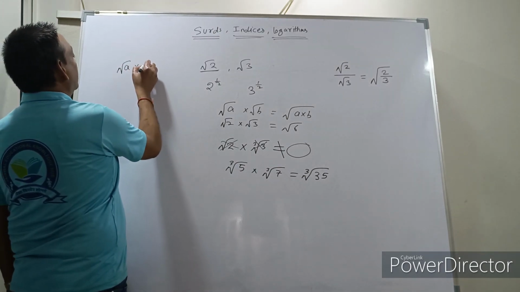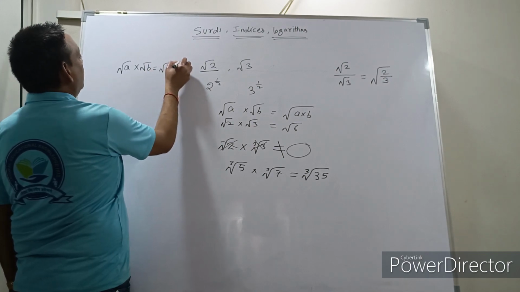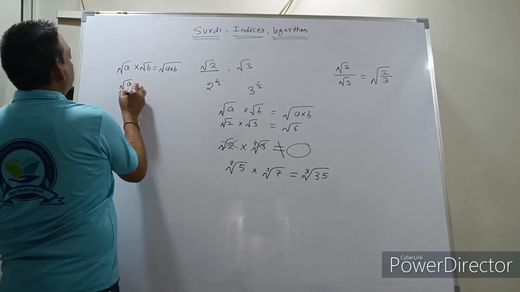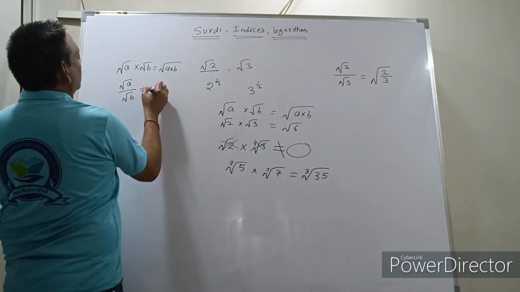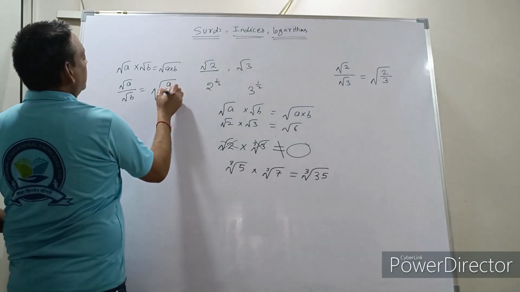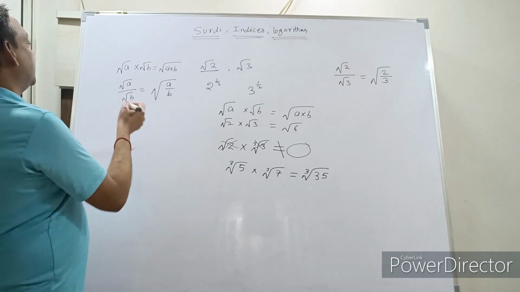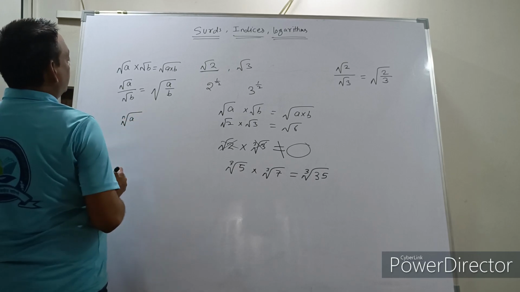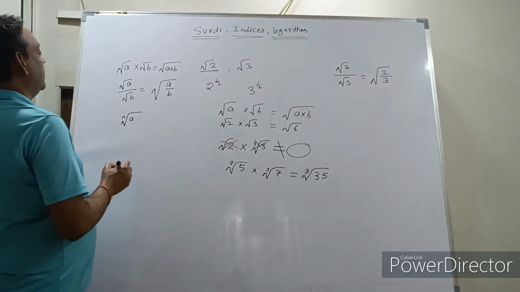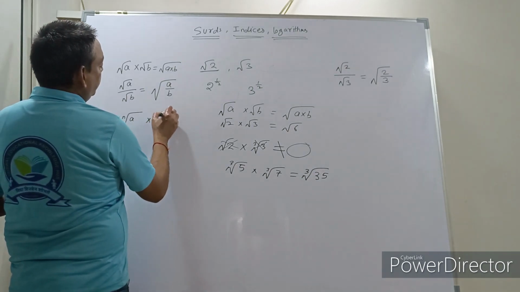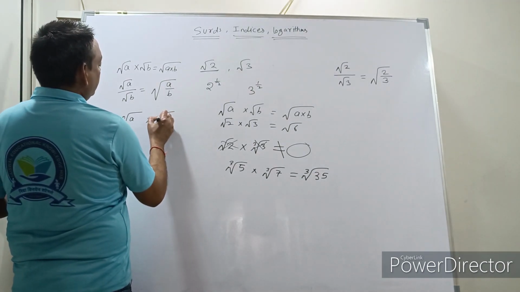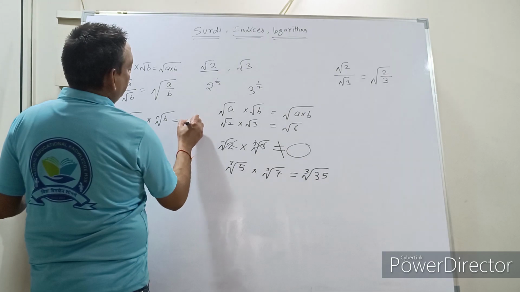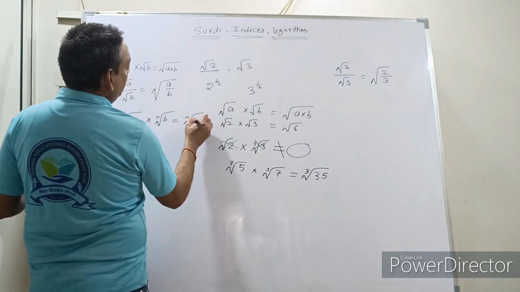So you can say root a into root b is equal to root of a into b, and root of a upon root of b is equal to square root of a upon b. Same way, if they give any power here, nth power of a multiplied by nth power of b, the answer is nth power of a into b.